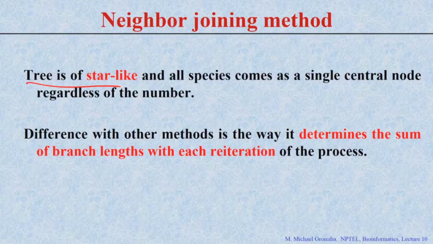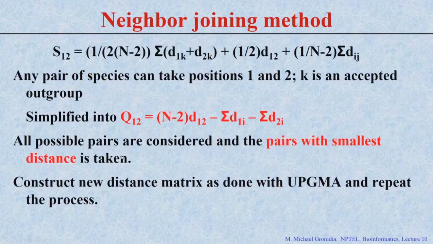The difference from other methods is that here you see the sum of the branch lengths with each iteration, because we consider each one separately, and finally they try to see which one has the closest distance. Based on that they derive an equation, a complicated one depending upon the distance, to get the possible pairs connected to each other with respect to the smallest distance. Once the smallest distance is found, they can use the standard method to get the distance matrix as well as the trees.